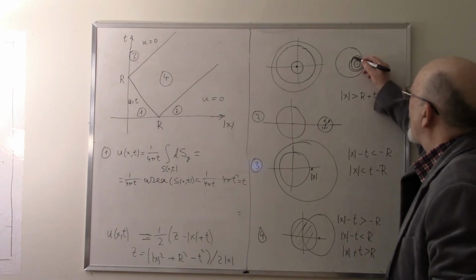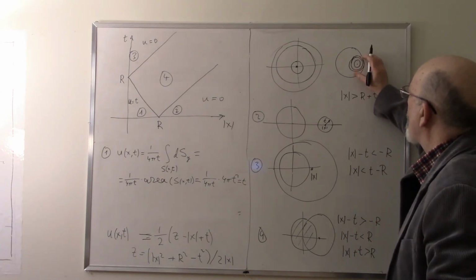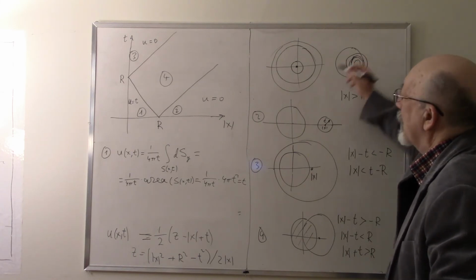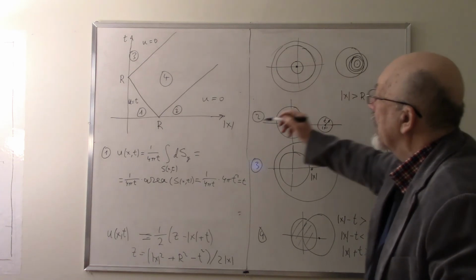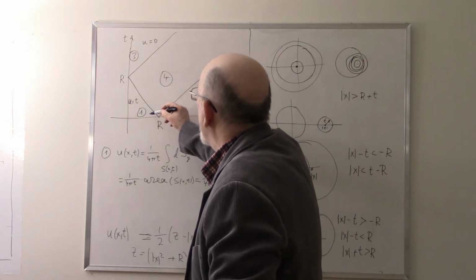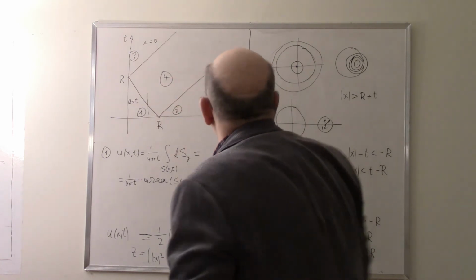So until this moment, the solution grows linearly, and then, so this means that we started here, then time is going on, and then we got in domain number 4.